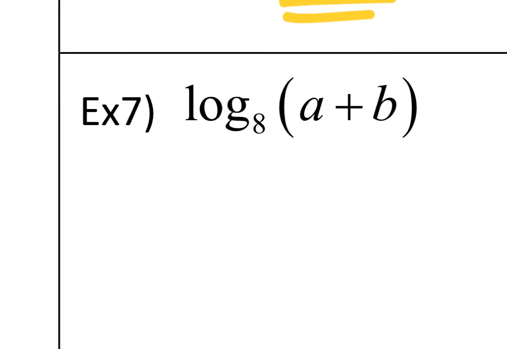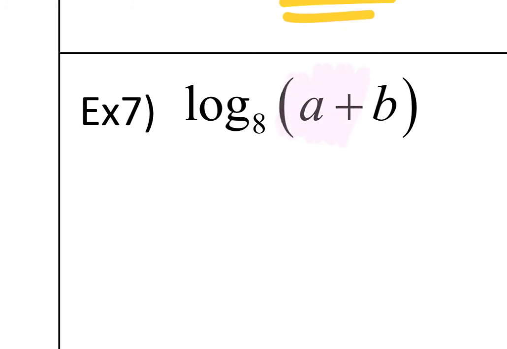I find that students who understand this topic really well get stuck on a problem like this. So I want you to make a note to yourself, maybe in the margin or something, that none of the properties above apply to the argument of a logarithm being an addition or a subtraction problem.